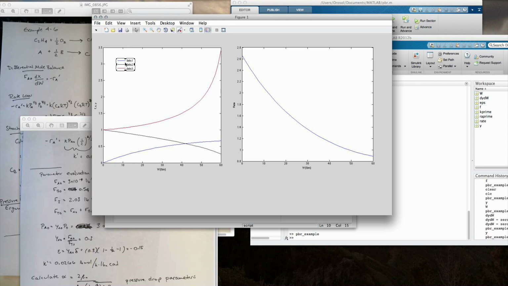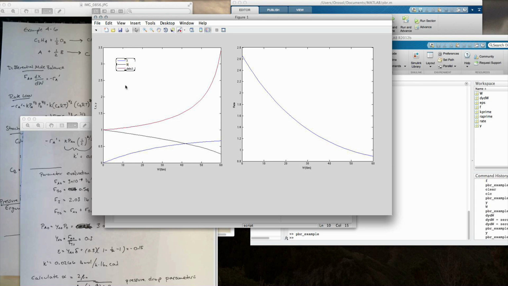And then, so the blue line is X, or conversion. So we'll do capital X. The black line is the pressure drop. And this is one thing I like about MATLAB.